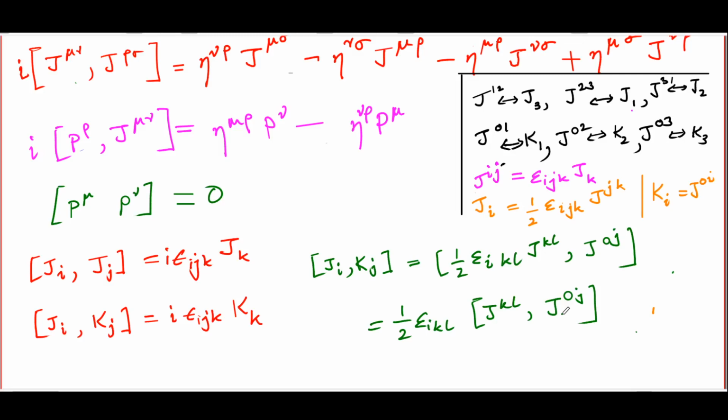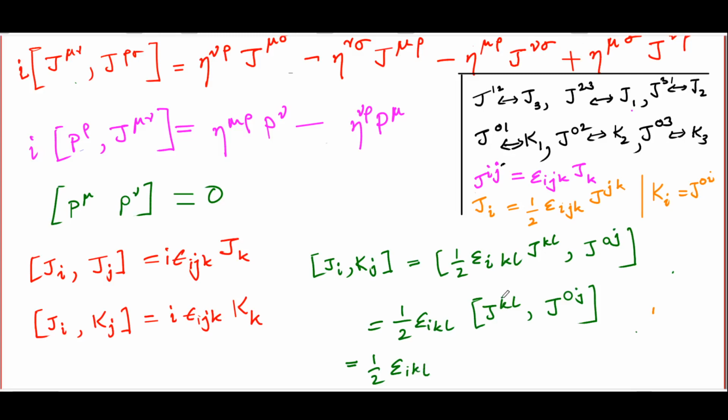Once again, you should expect 4 terms with 4 etas, but the only non-zero etas will be ones in which the two indices match. Now it is possible for k and j to match and l and j to match, but the other possibility that k will match 0 or l will match 0 is simply out, because k and l here are spatial indices, they can never be 0. So we have two non-zero terms here.